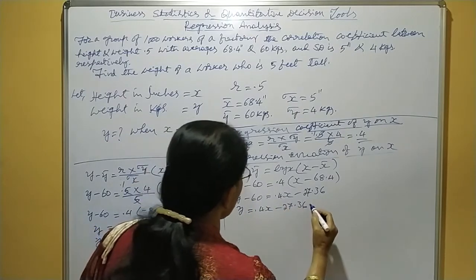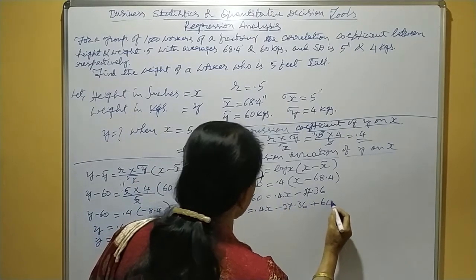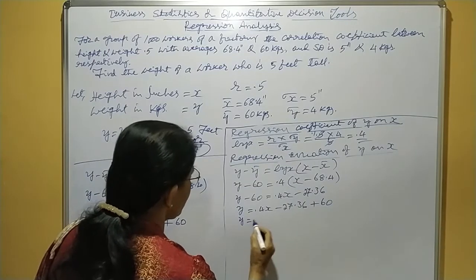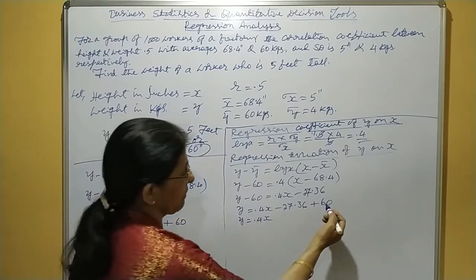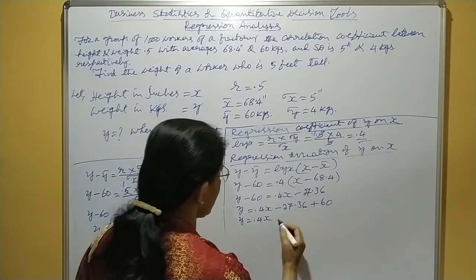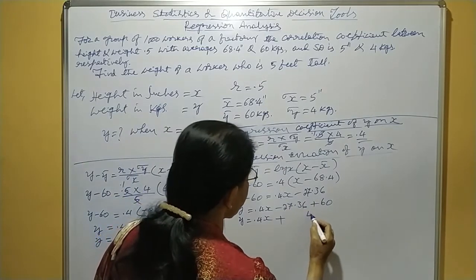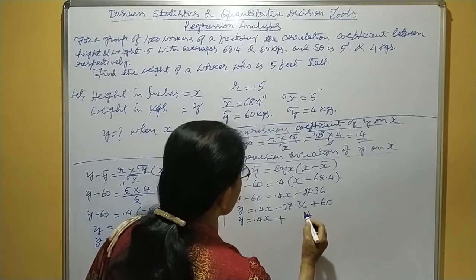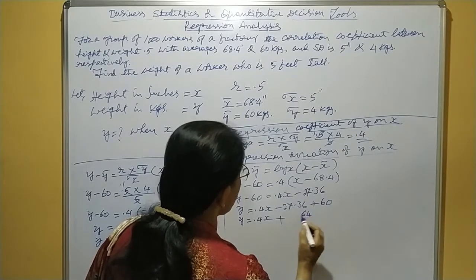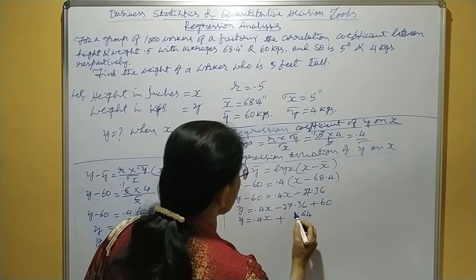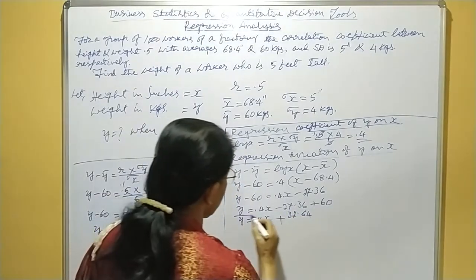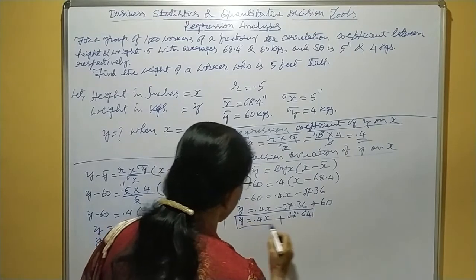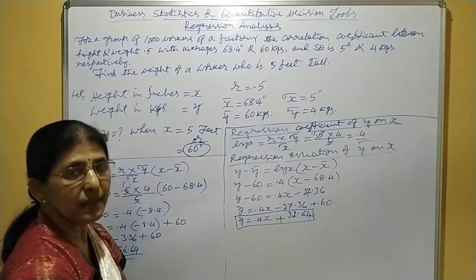This minus will become plus 60. Now y equals 0.4x. Here one is minus sign and one is plus sign. Take the difference. Highest value sign is plus 32.64. This is the regression equation of y on x.